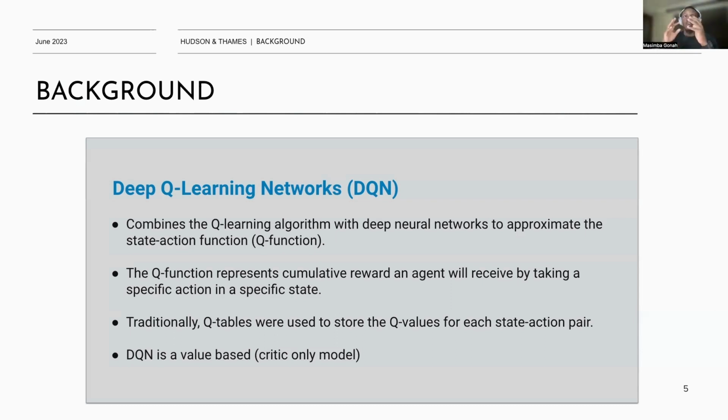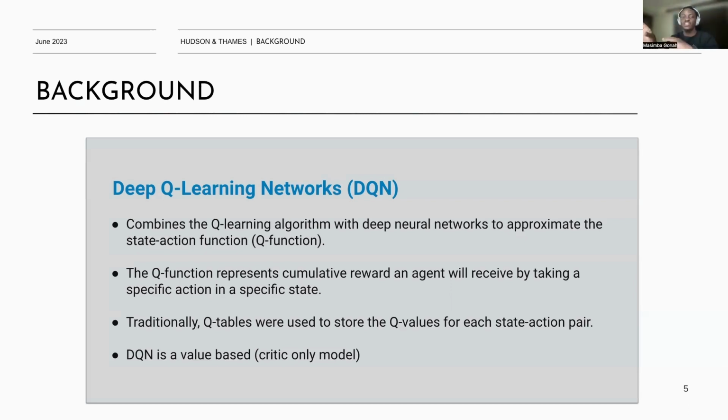Now, a Q learning algorithm essentially does trial and error: it tries a specific parameter, gets feedback depending on the environment and the action space, and then stores that feedback in what they call a Q table. So try different parameters, get feedback, store that state action value in a Q table.